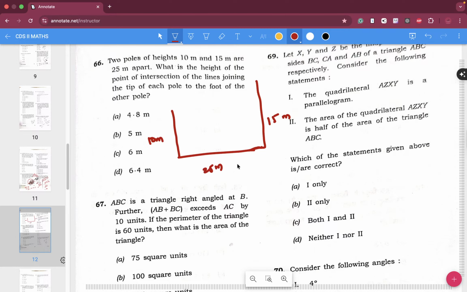Then what is the height of the point of intersection of the lines joining the tip of each pole, let's say this is the tip, to the foot of the other pole? This is what the question is.